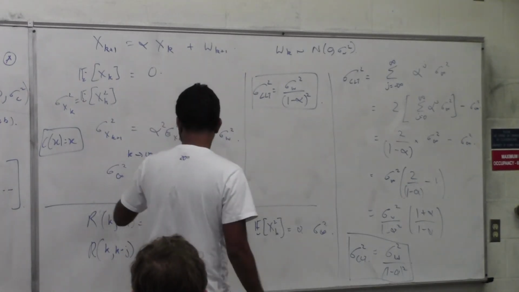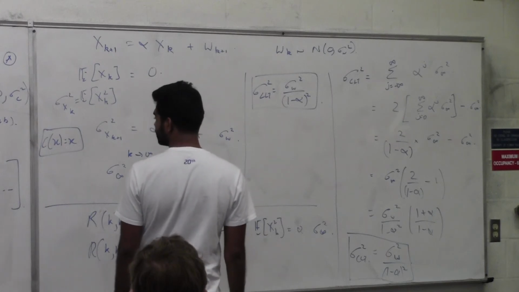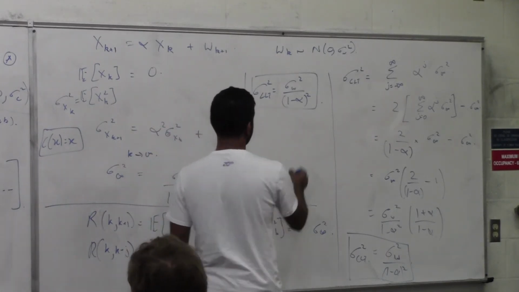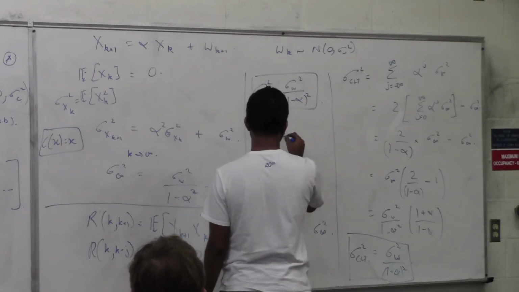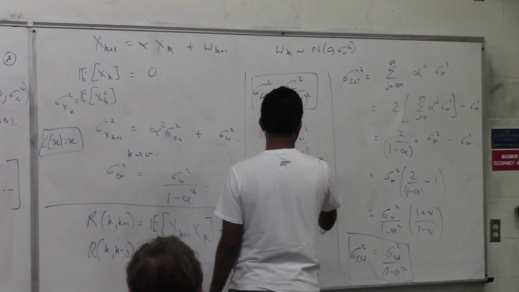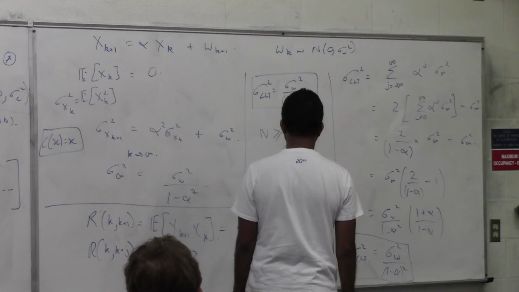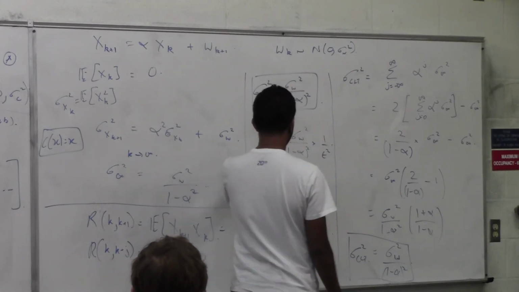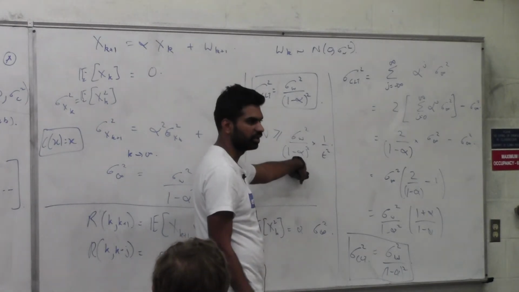And then if you take a look at this, n has to be bigger than sigma w squared divided by 1 minus alpha, the whole square, into 1 by epsilon square, right? And you can see that it blows up with alpha.